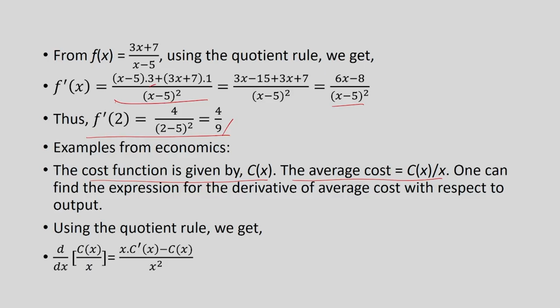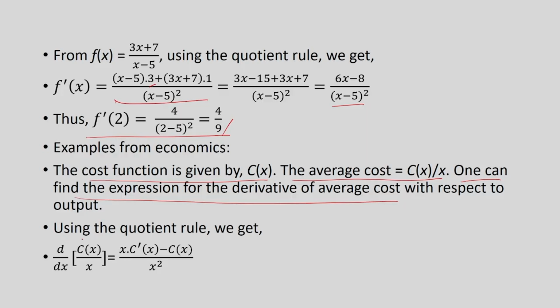That gives us the cost per unit of output, and that is called the average cost. Now, one might be interested to find out the derivative of the average cost, right? And here the independent variable is the output level. So, we have to take the derivative of the average cost with respect to the output level.